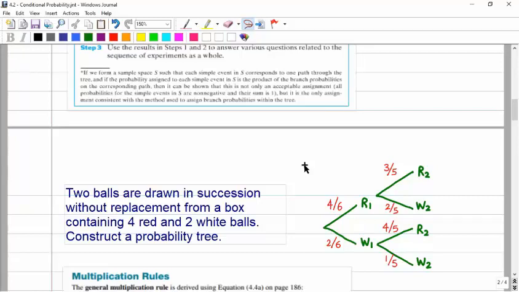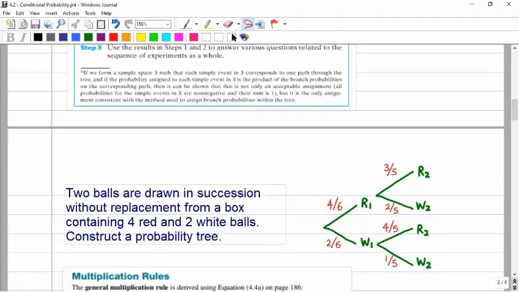Some experiments make no difference; there's no such concept of replacement. Rolling a single die: if you roll a number, you don't suddenly sandblast that number off so you can't use it again. It automatically repeats, as does flipping a coin. But anything that's an actual physical item like this, a card or a ball from a box, does make a difference whether it says with or without replacement.